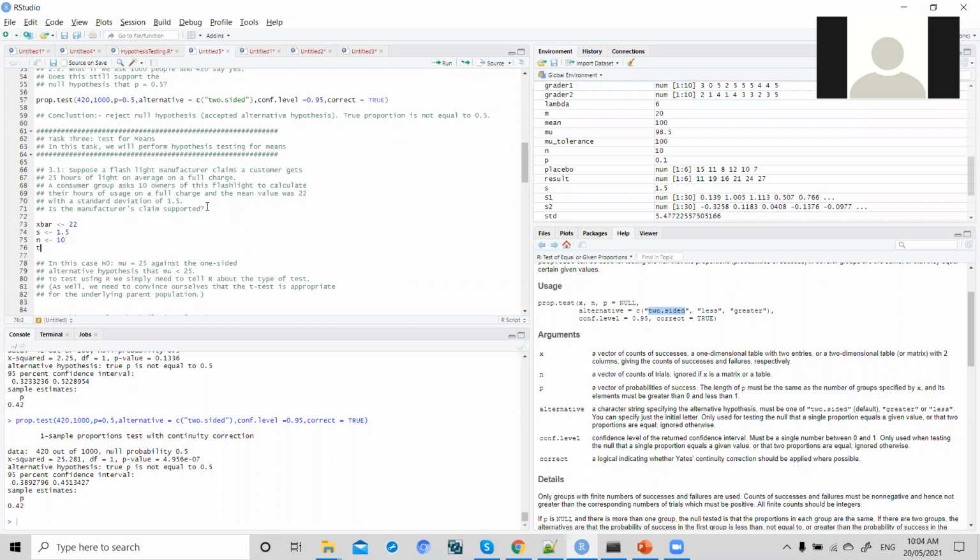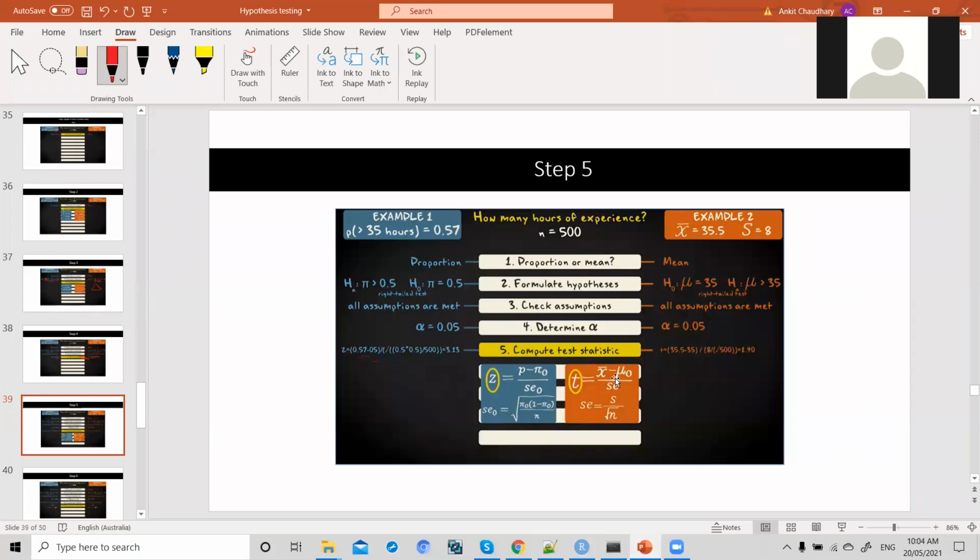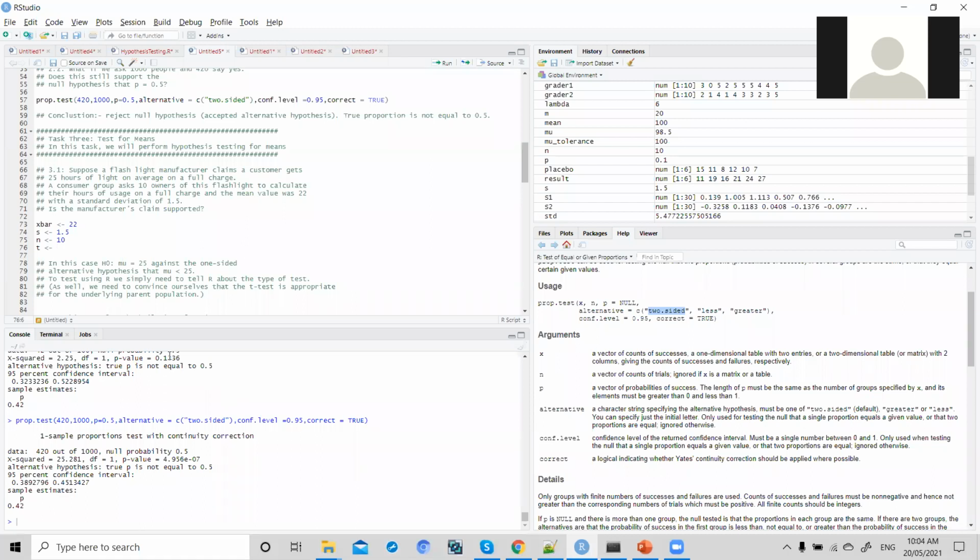So we will use the t statistics formula here. The test statistic formula will be x bar minus mu naught divided by SE. Mu naught is 25 hours, given here, divided by the standard error, which is S divided by SQRT of n.